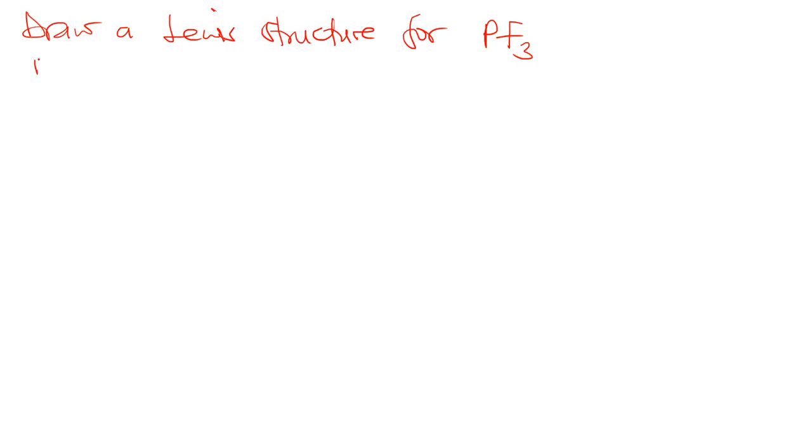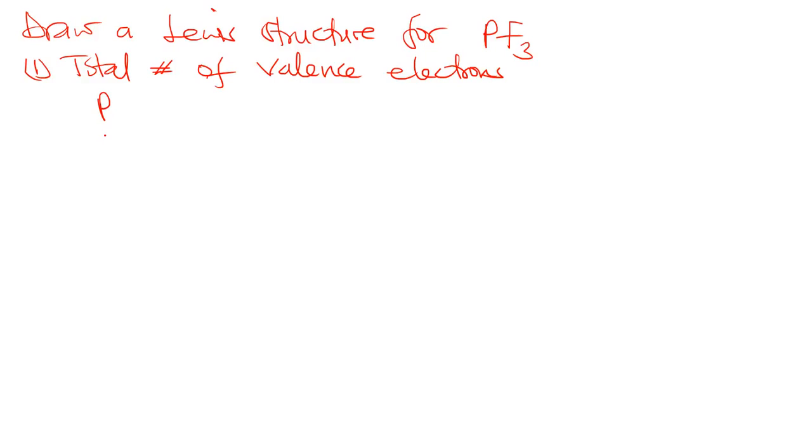So the first part is we want to determine the total number of valence electrons. It depends on the group number. P has 5 valence electrons. Now we have 3 fluorine here, so 3F.